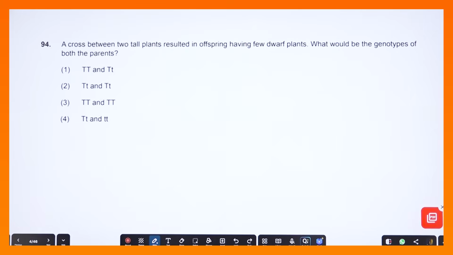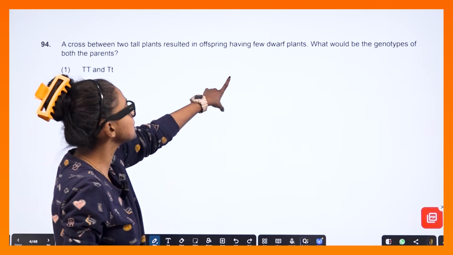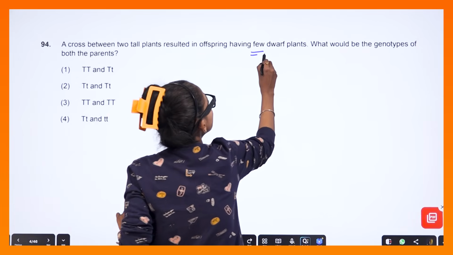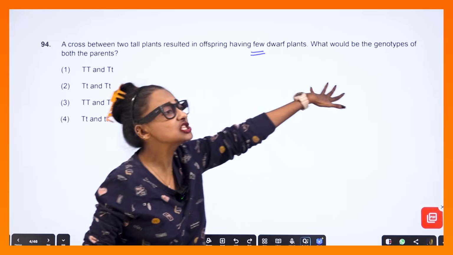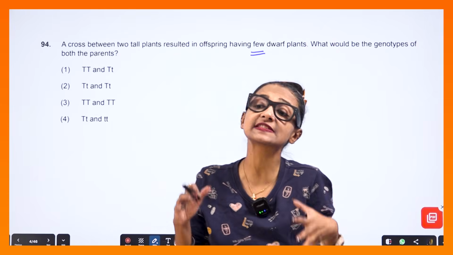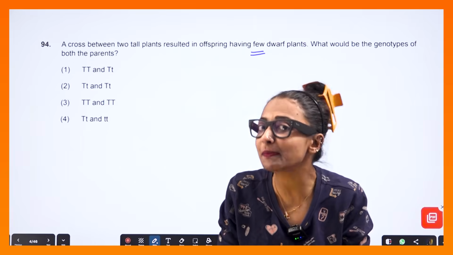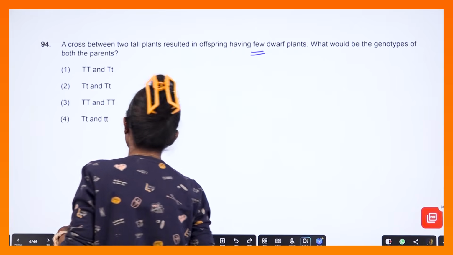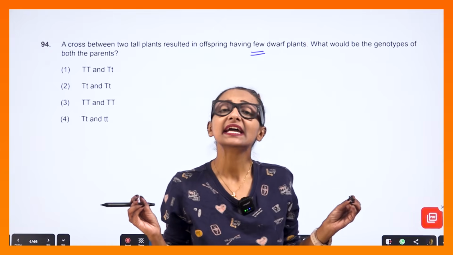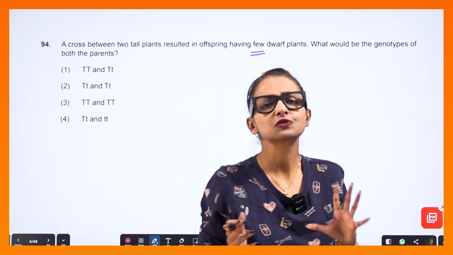A cross between two plants resulted in an offspring having very few dwarf plants. What would be the genotypes? They are asking what kind of parents you would cross so that the progeny has only very few dwarf plants.